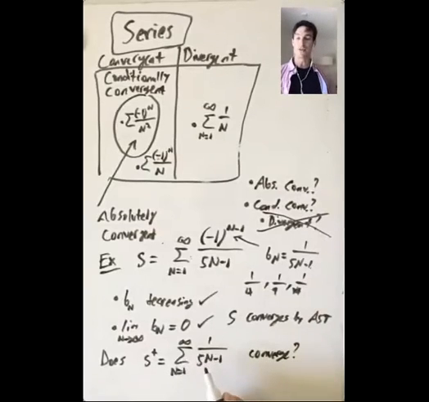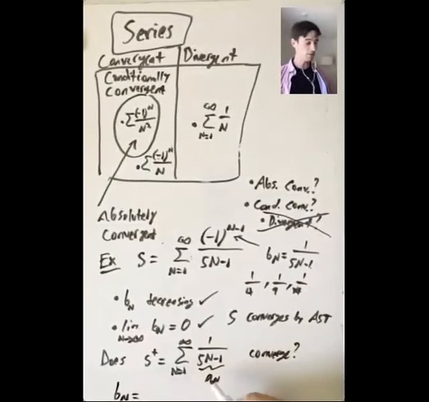Okay, so now we have to use one of the series tests that we know from before. Let's say that this is an. And we can take Bn equals something really, really close to this, 1 over 5n.